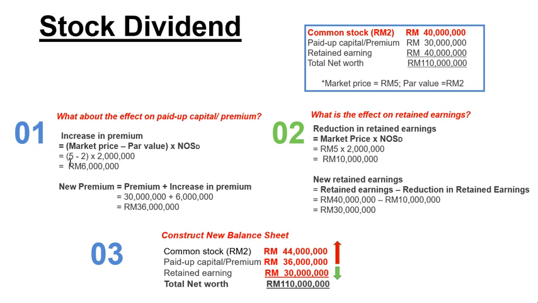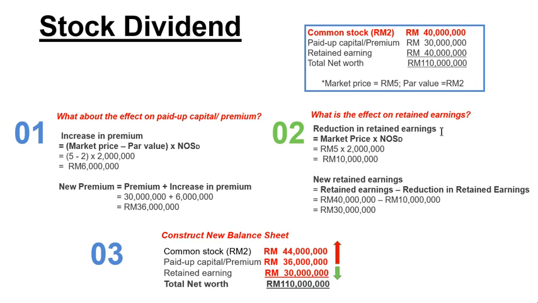Market price given 5 ringgit and par value is 2 ringgit multiplied by 2 million shares of number of share dividend, and you will see that the increase in premium is 6 million. And new premium is determined by taking the old premium plus the increase in premium, and ultimately the new premium is 36 million.